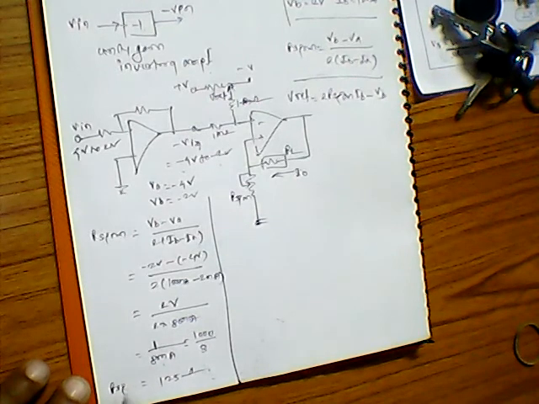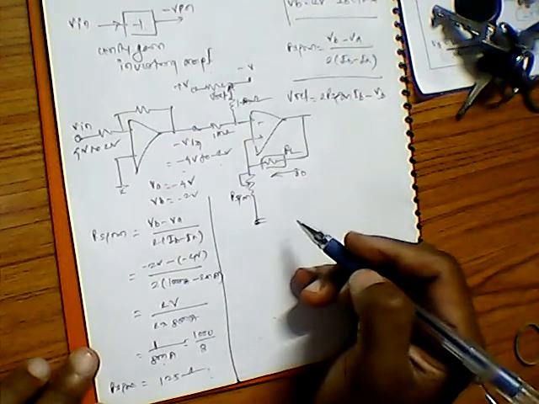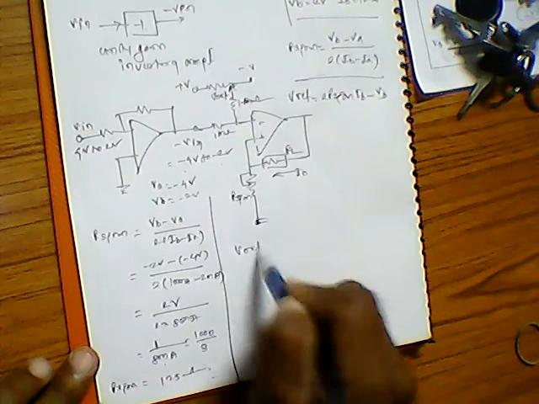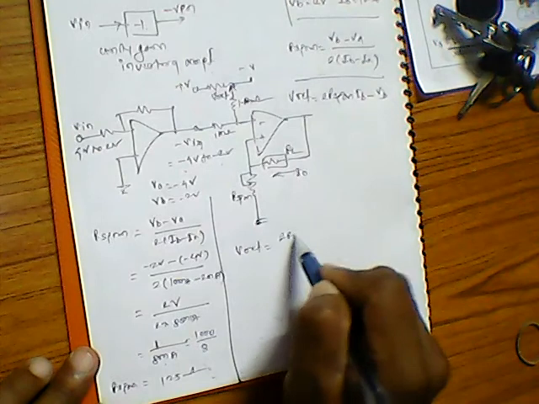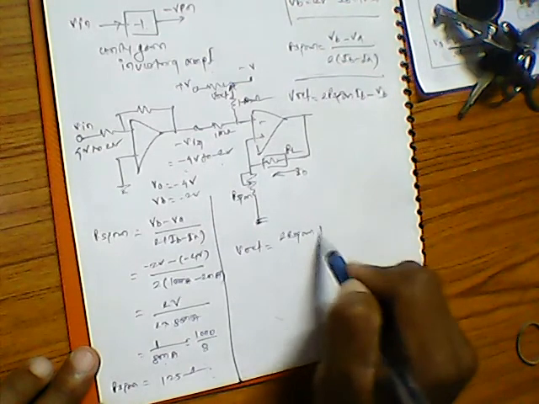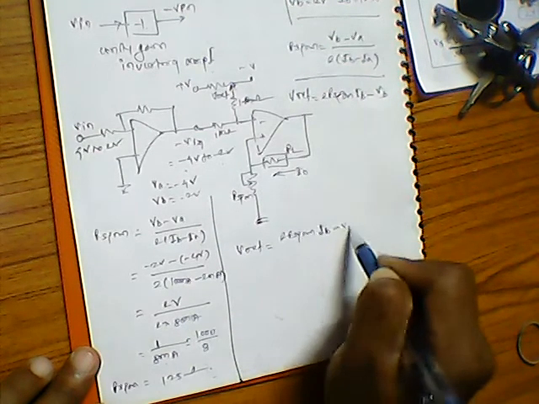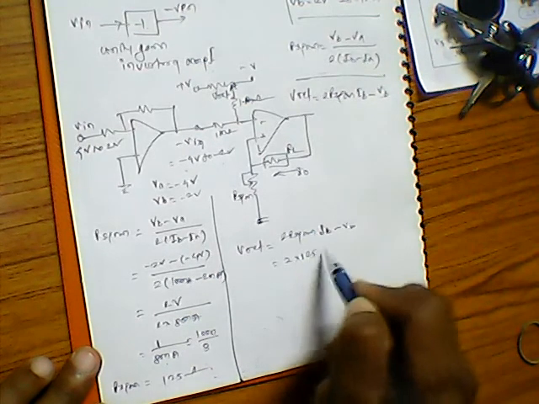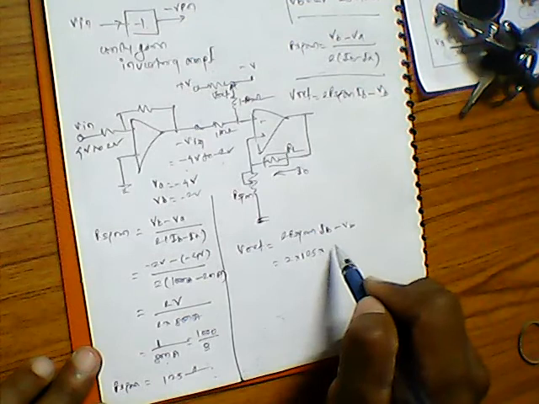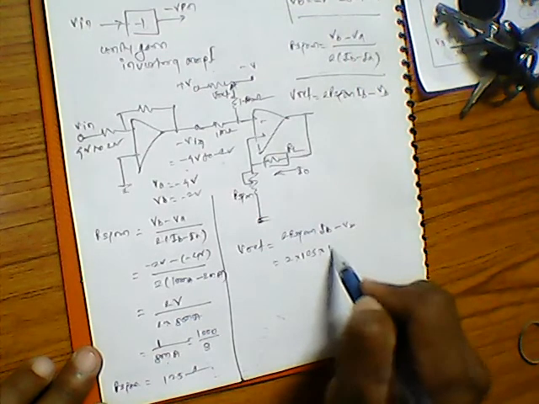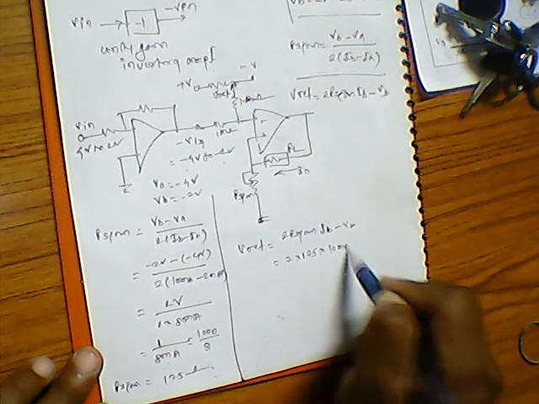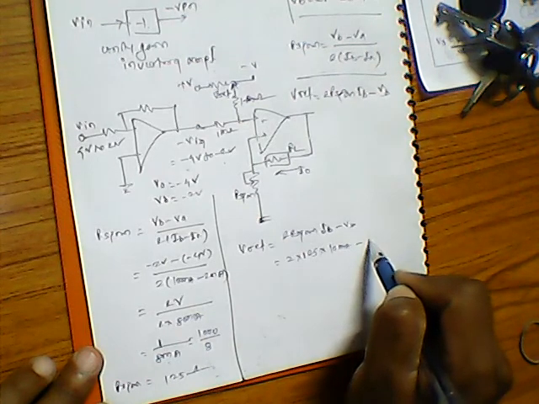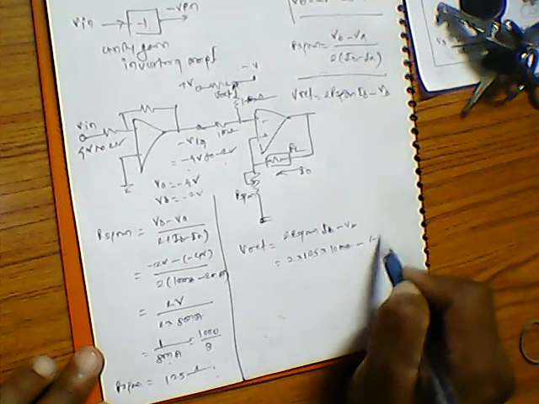So R span we got is 125 ohm, and now V reference we can calculate, that is equal to 2 into R span into IB minus VB. So 2 into 125 multiplied by IB, which is 10 milliamps, minus VB, now VB is minus 2 volt.